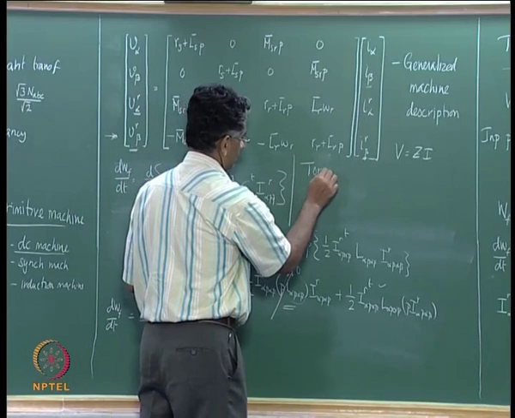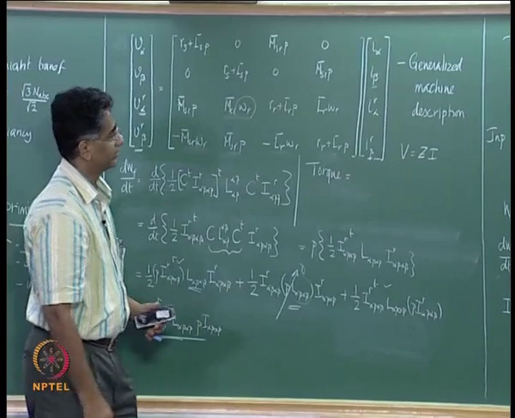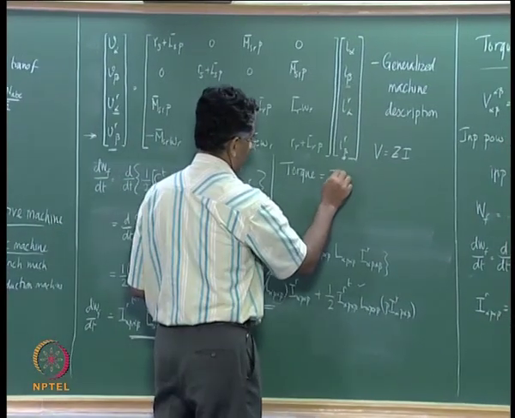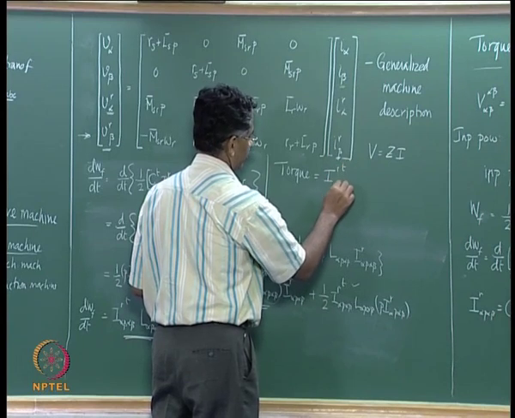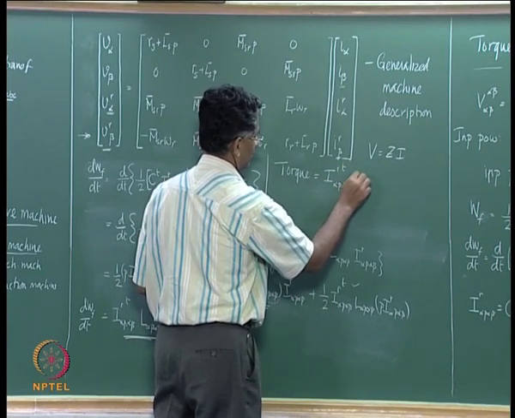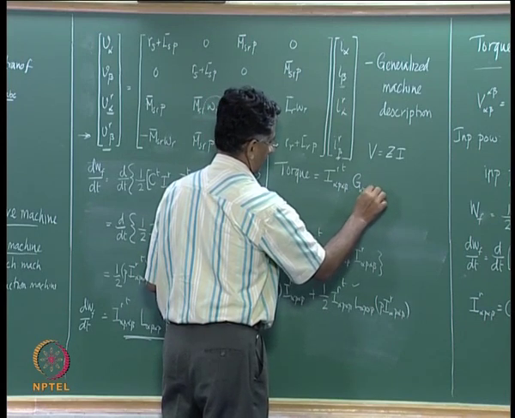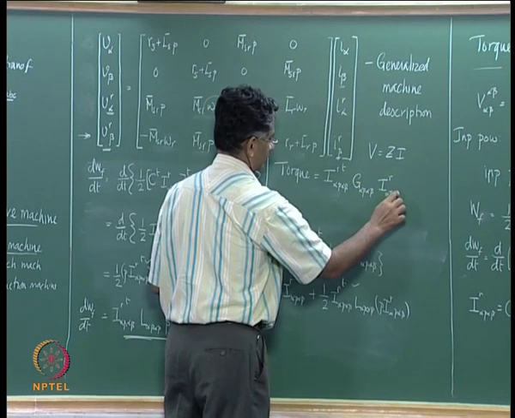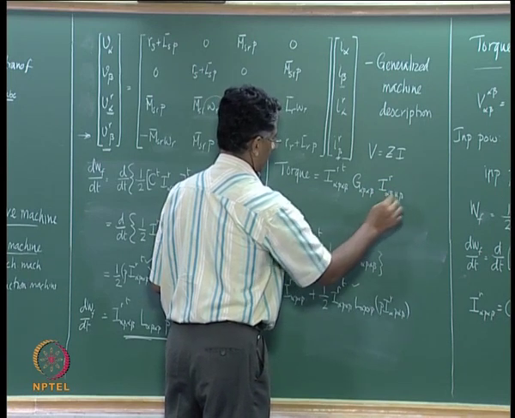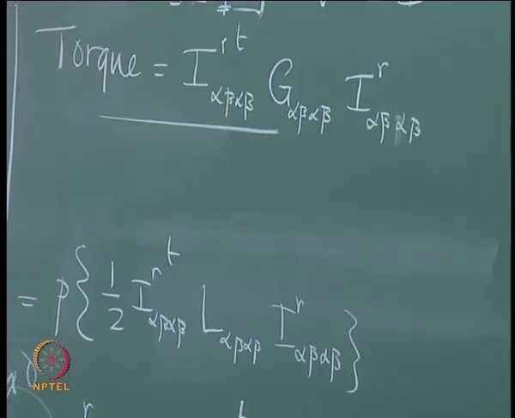Therefore one can say that the torque that is generated in this expression is nothing but I transpose, one can call it IR transpose alpha beta into G multiplied by I. So this is the expression for the generated electromagnetic torque.